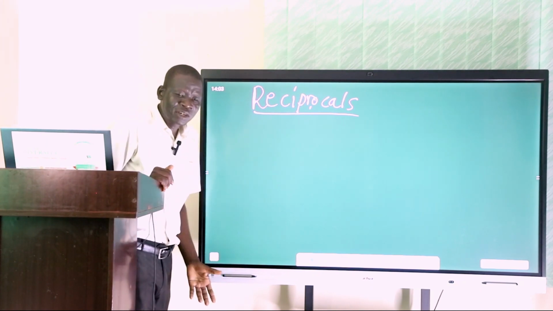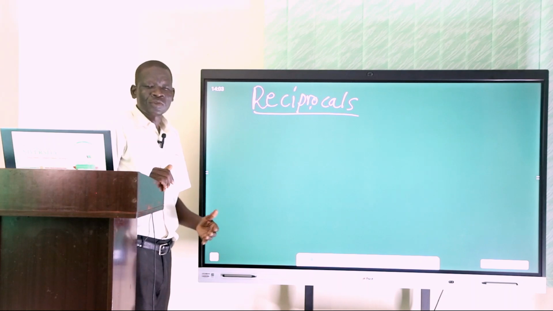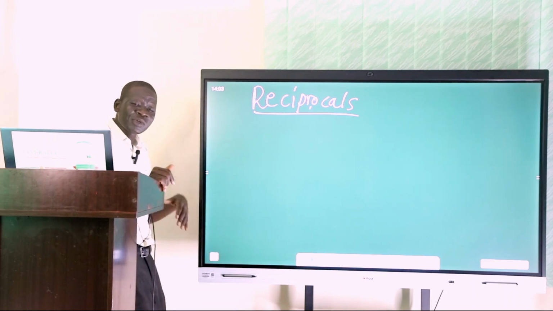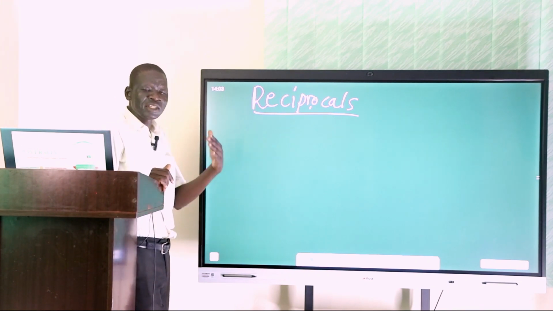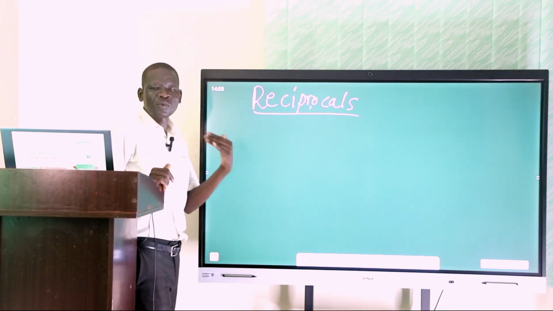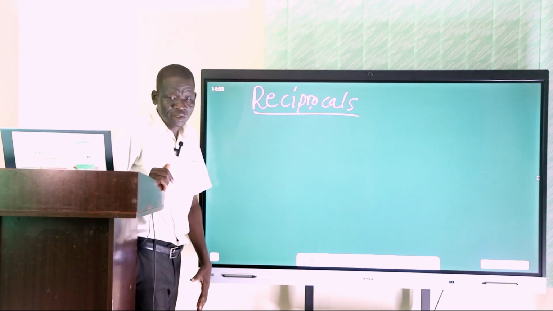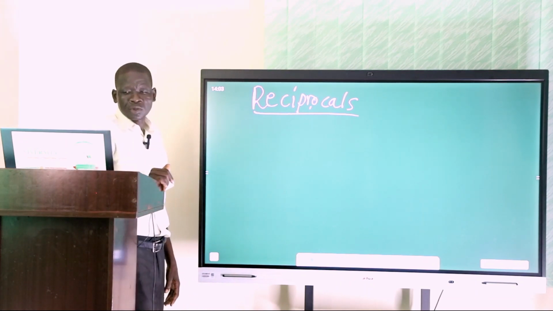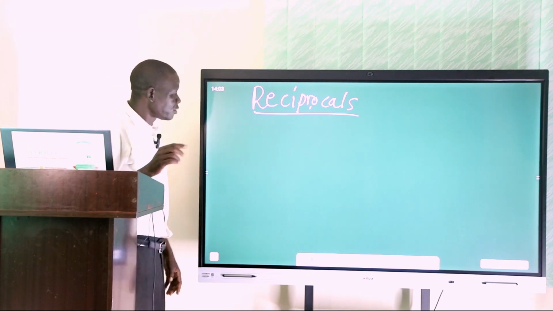In the position of the numerator we write the denominator, and in the position of the denominator we write the numerator. When we do that, we have written the reciprocal of a number.